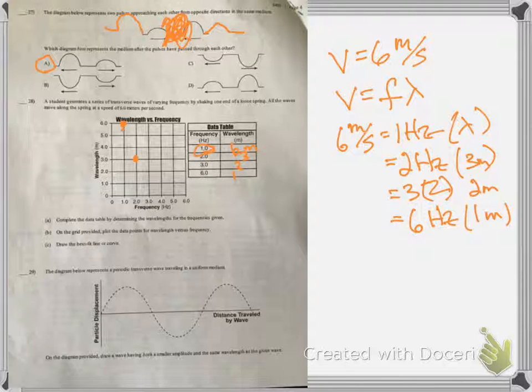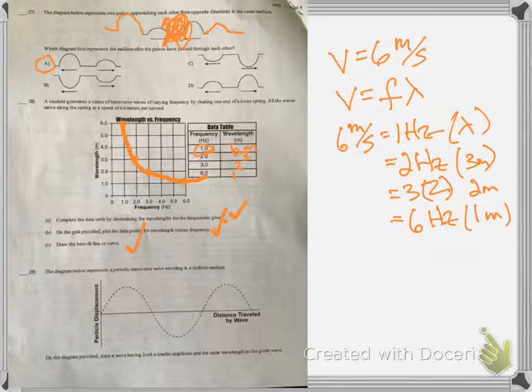When it's 3, it's 2. And when it's 6, it's 1. That's interesting. If I was going to do a best fit, I would kind of go like that. Complete the table, we did that, plot it on the grid provided, and then draw a best fit line or curve. I guess I'm done.